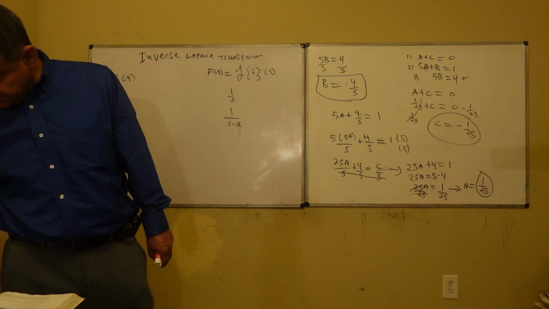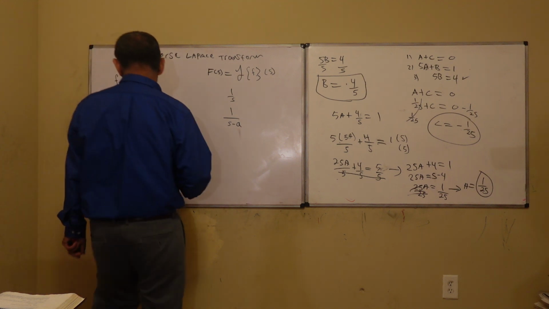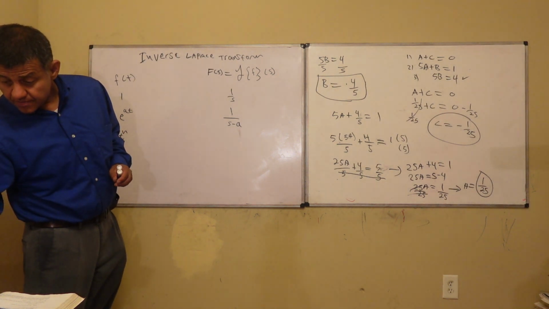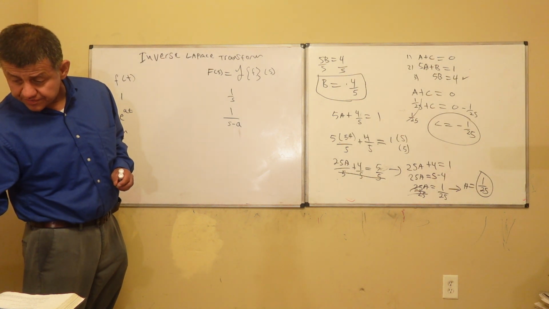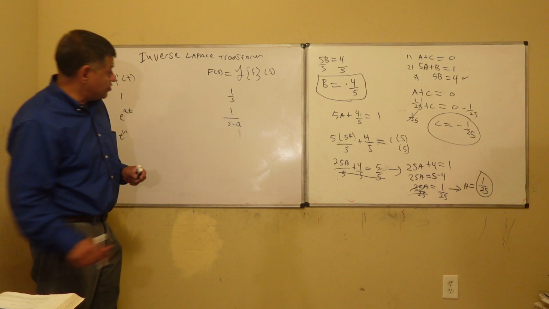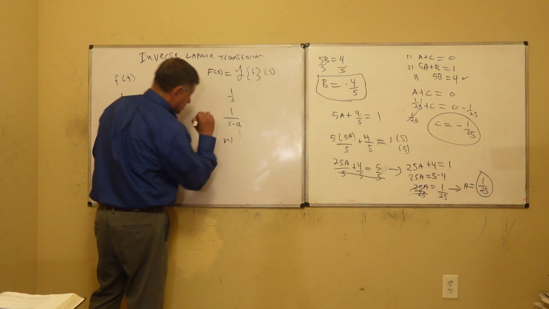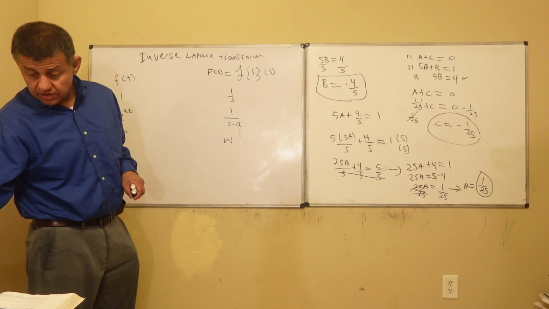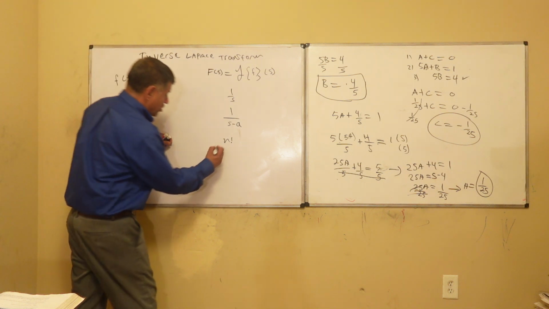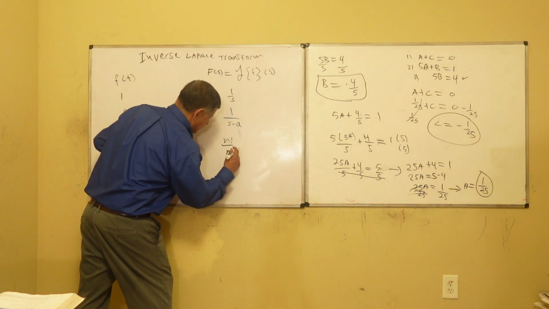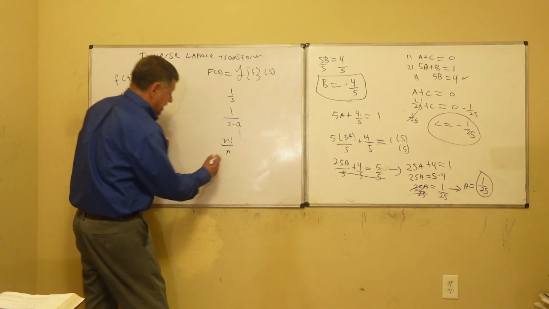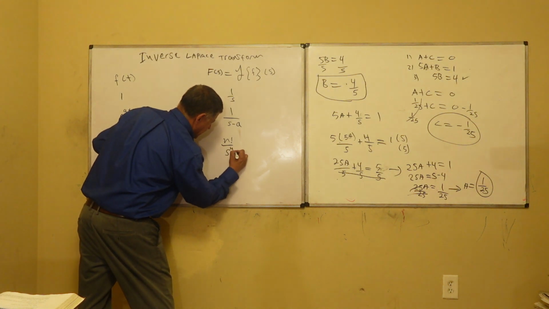Not all of them are in this small table, but there is another one that says t to the n power is equal to n factorial over s to the n plus 1.